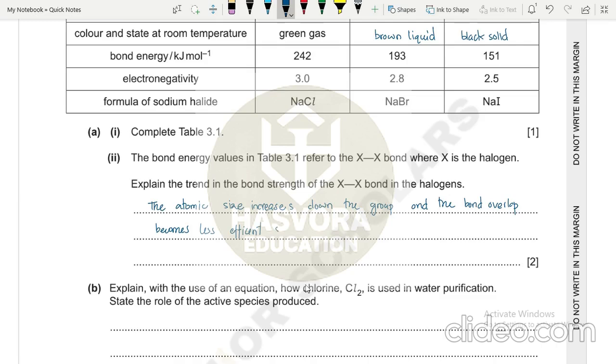So as a result, the bond strength decreases.